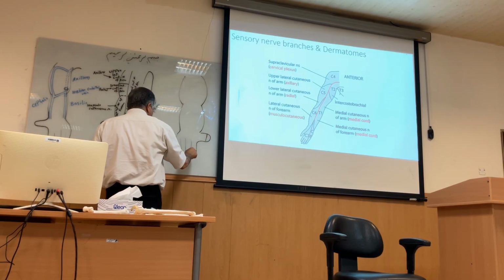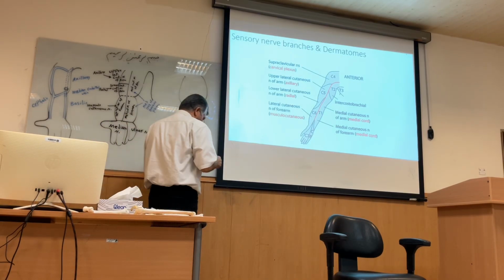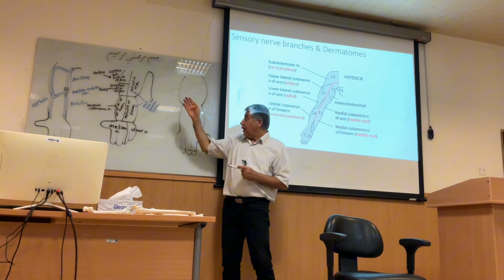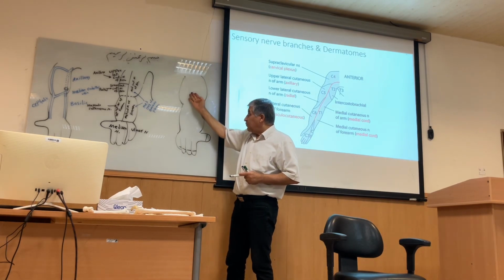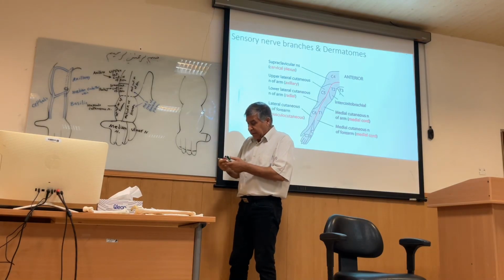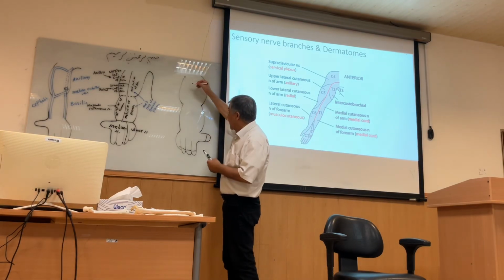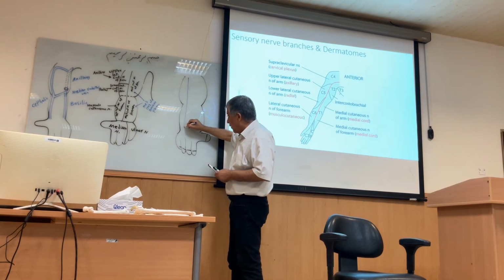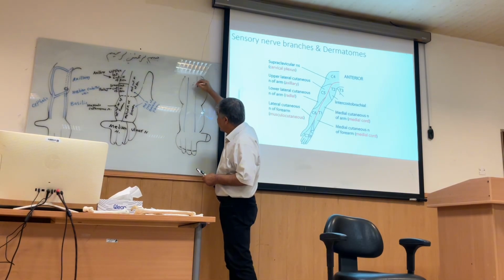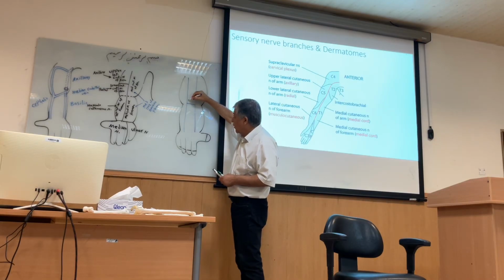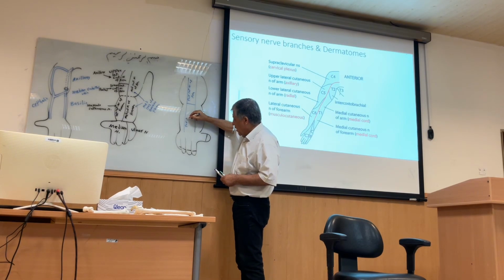Posterior. Okay? Midline of posterior surface of the arm and midline of posterior surface of forearm are innervated by posterior cutaneous nerve of arm and posterior cutaneous nerve of forearm.